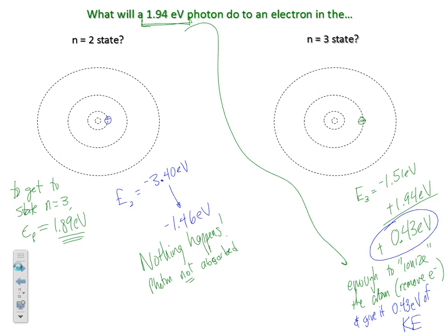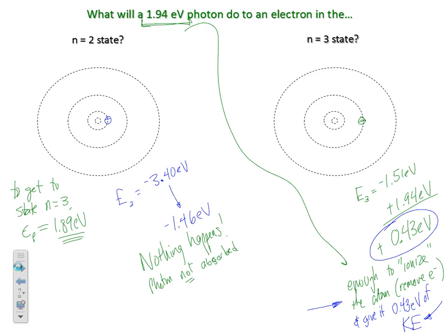So we're sort of back to this idea of photoelectric effect. We're not saying hydrogen's a metal, but what we can do is shoot photons at a substance, and if we shoot photons of enough energy, we can kick electrons completely out of the substance and have them left with some kinetic energy.